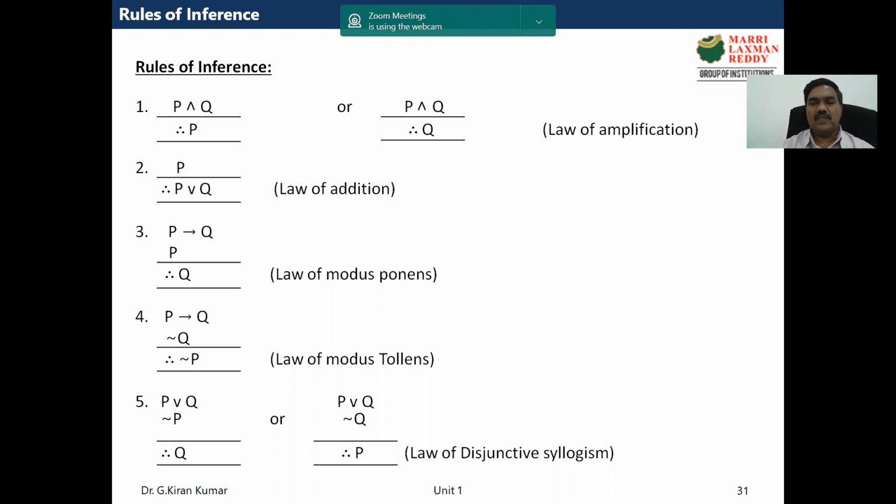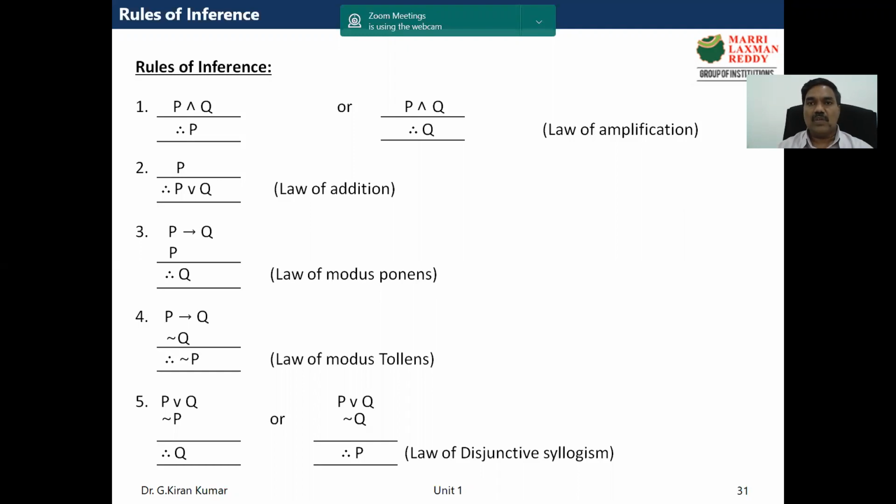Suppose the given premises are 2 or 3, then we can easily go for the standard method. But if there are more premises, like 5, 6, or 10 premises, involving 5 to 10 propositions, then when I construct the truth table, I need 2 power n rows, where n represents the number of propositions.